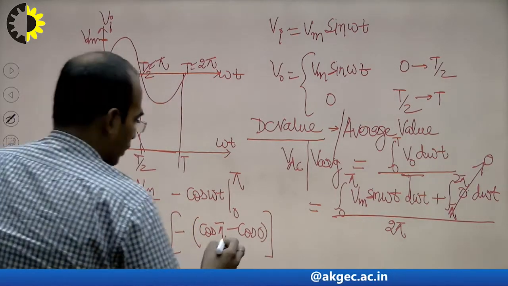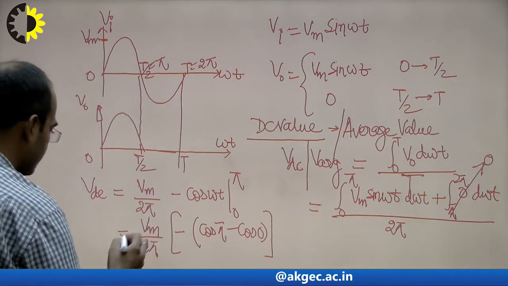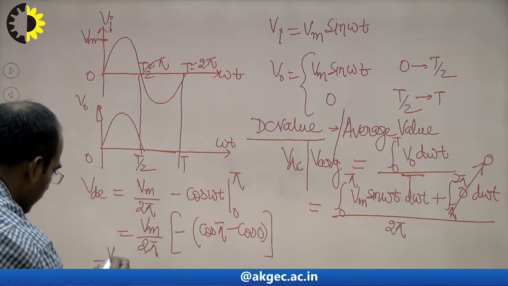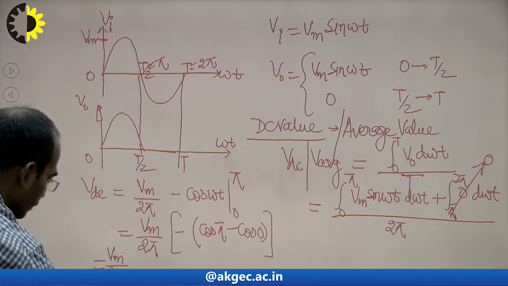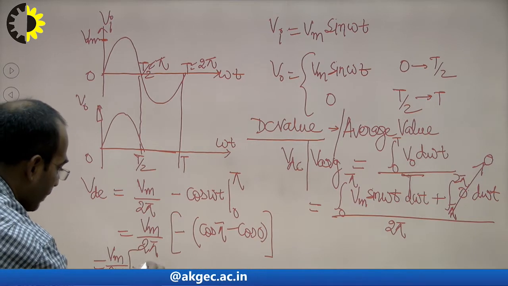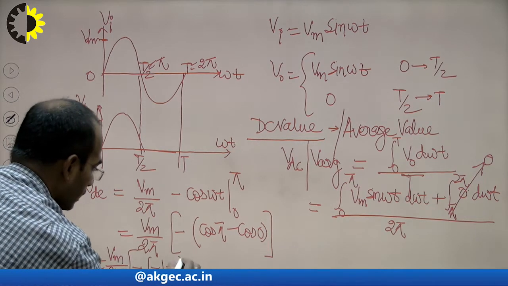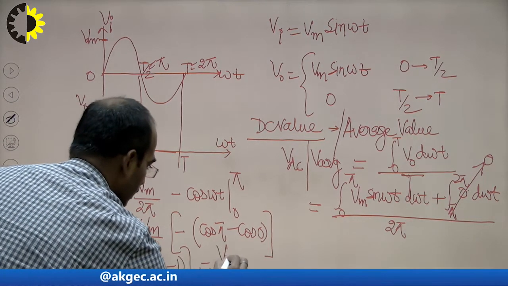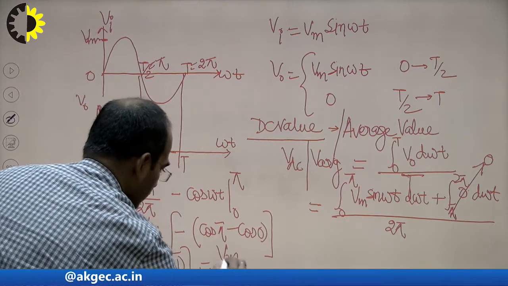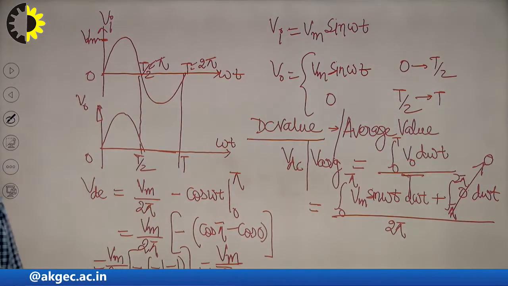So, this will be equal to Vm upon 2 pi, cos pi is minus 1, cos 0 is 1. So, you will get VDC is nothing but Vm upon pi.